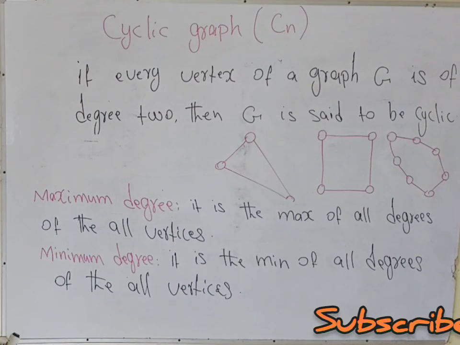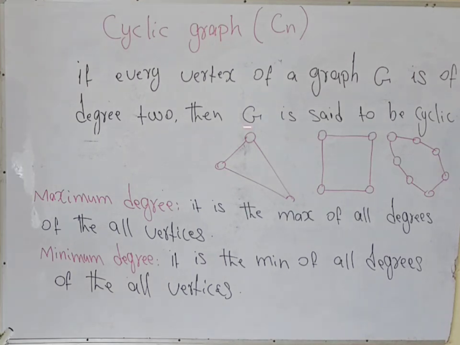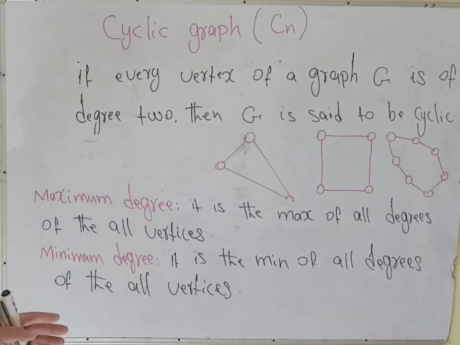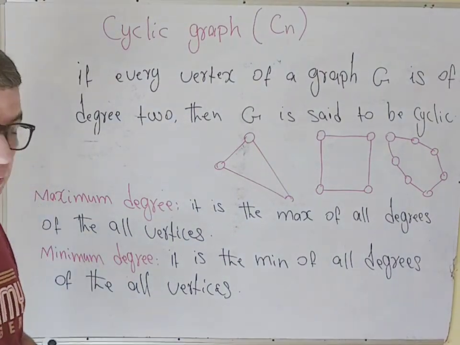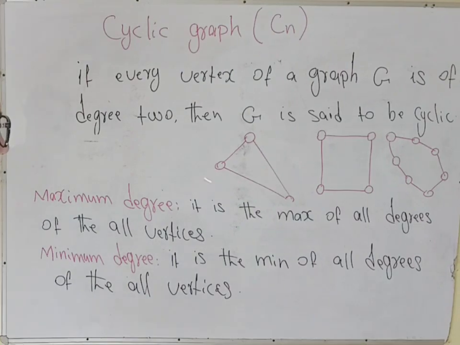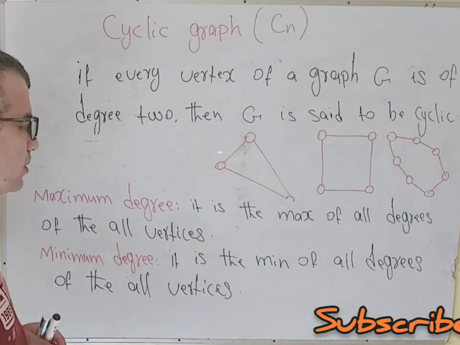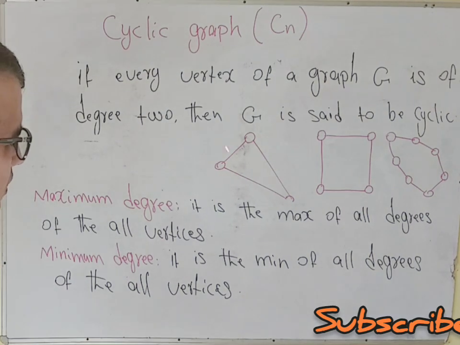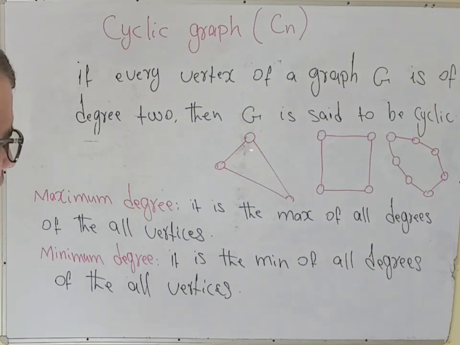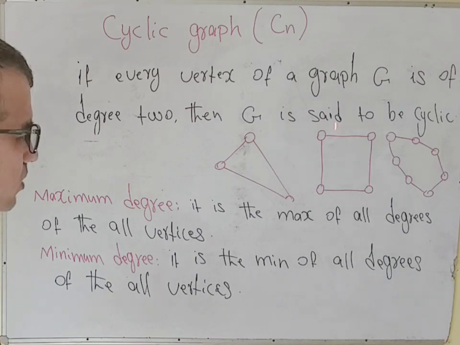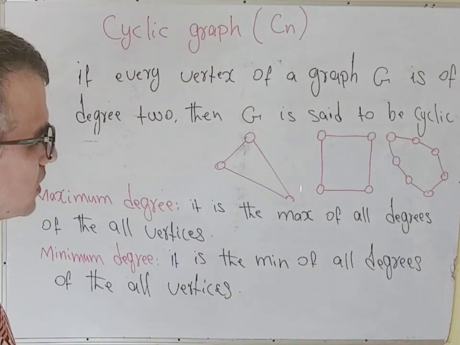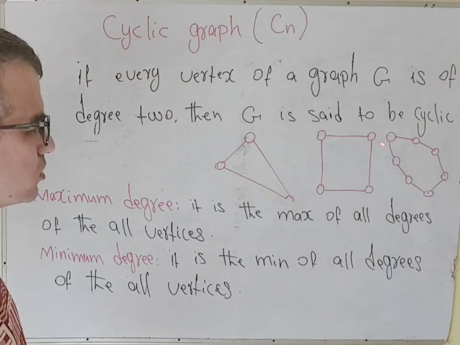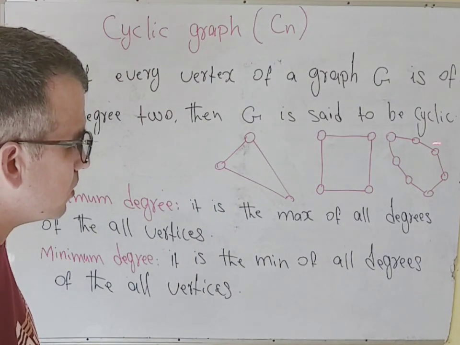according to the definition of a regular graph, we call a graph regular if every vertex of the graph has the same degree. In this graph, every vertex has degree 2. Here this vertex is degree 2, degree 2, degree 2, and also in this graph we can see every vertex is degree 2, and in this graph also every vertex is degree 2.